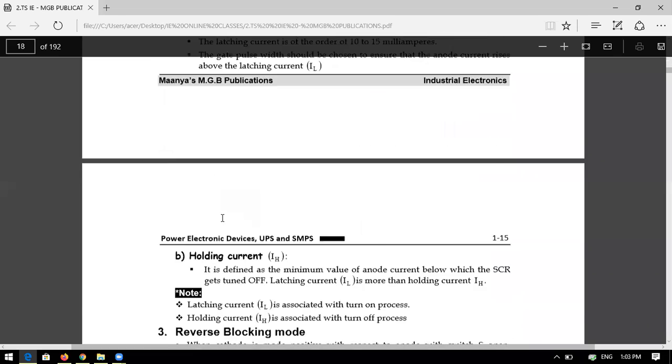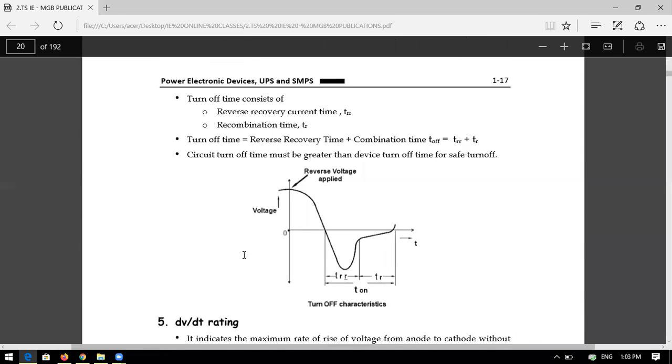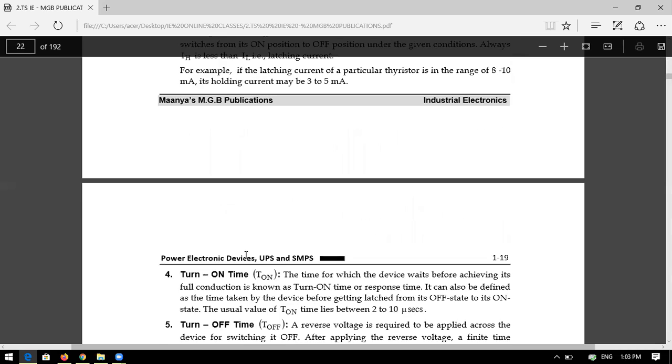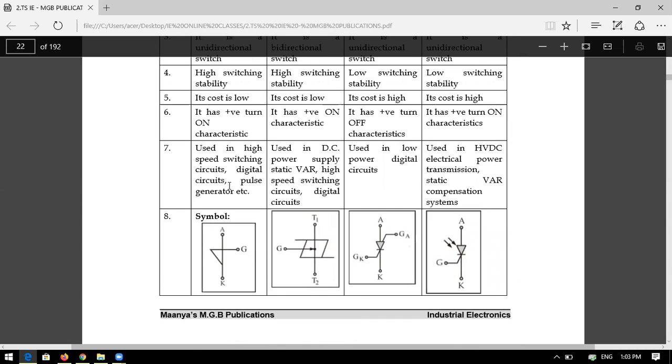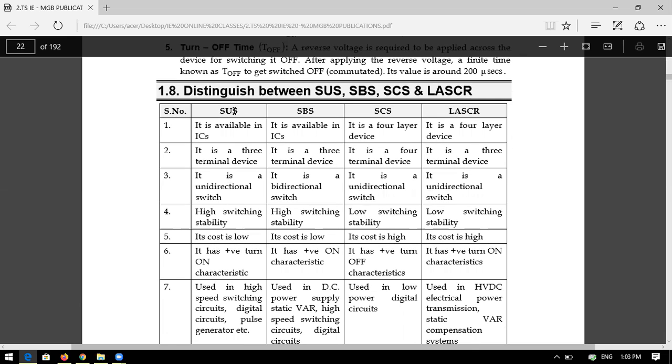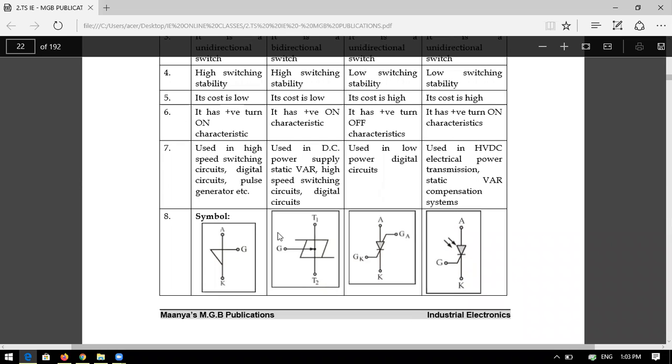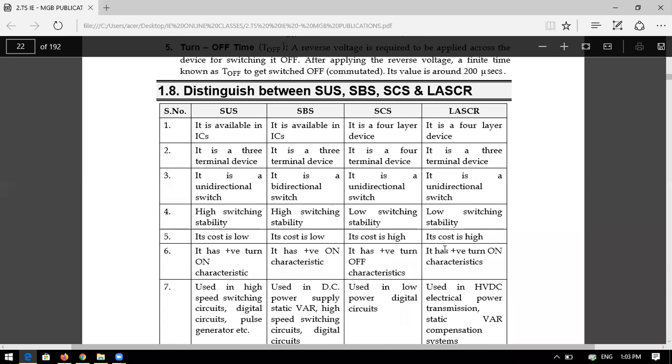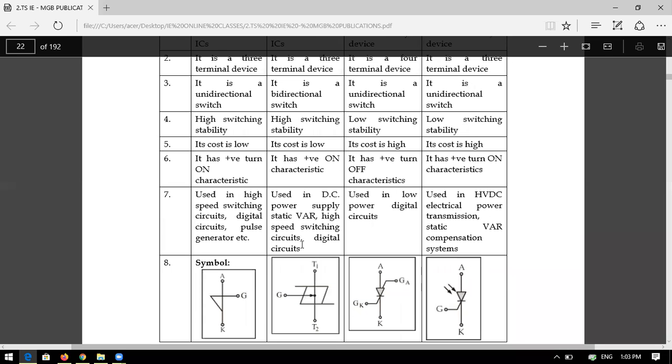That means the forward and reverse characteristics are both mirror images, whereas in the other cases, LASCR or SCS, these all have the same characteristic as your SCR. Okay. So you can see it has a positive turn on characteristic. They have a positive turn off characteristic. They have a positive turn on characteristic. Okay. So you can also draw those characteristic curves here in the sixth point. There is no problem.